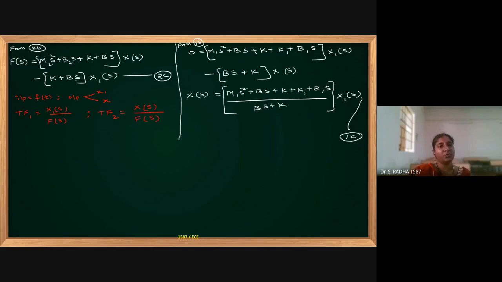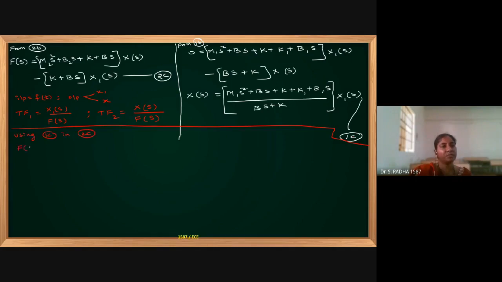Now what can we do? Input is present over here, f of s. Now I will try to do some adjustments. I have equation 1c. If I substitute 1c in 2c, what will happen?